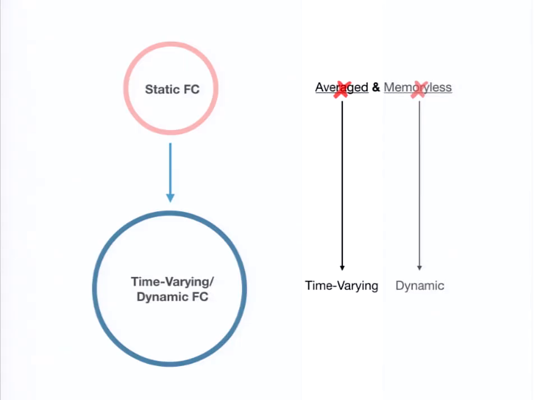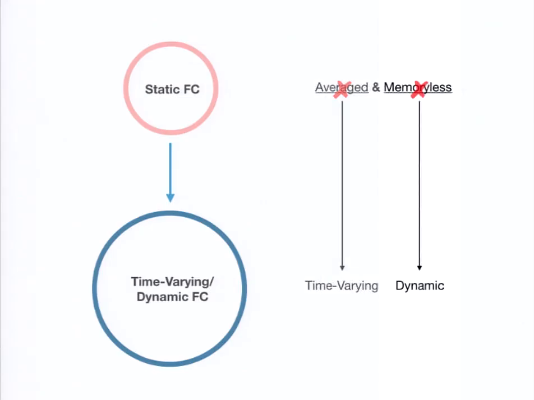So when you have a sliding window approach, you are having a time-varying measure of functional connectivity. So I won't spend too much time on this because it's quite intuitive, and I will rather spend a few minutes explaining the difference between a memoryless and a dynamic measure of functional connectivity.